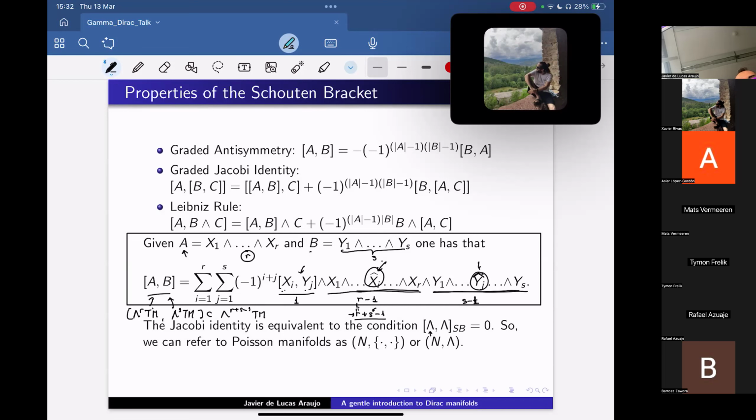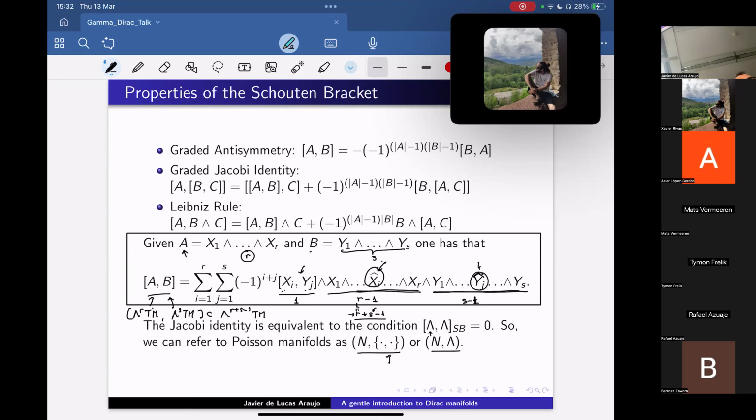If it's equal to 0, you can prove that you can define a Poisson bracket by means of the expression for lambda. That's why Poisson manifolds are described either by means of N with the Poisson bracket or by N and the bivector.